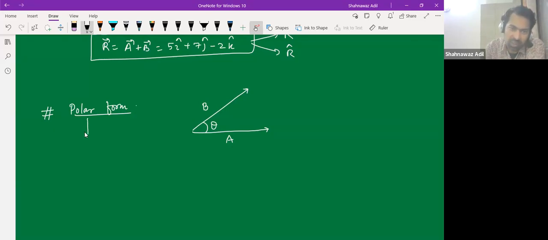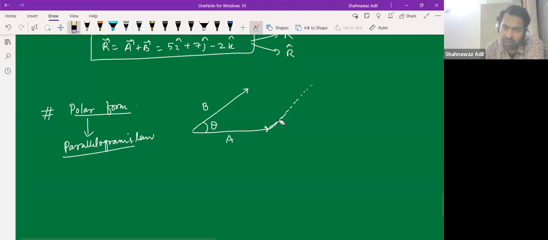One would be the parallelogram law. So from the parallelogram law, what do we generally do? At the head of this vector, we make an arrow parallel to B, right?